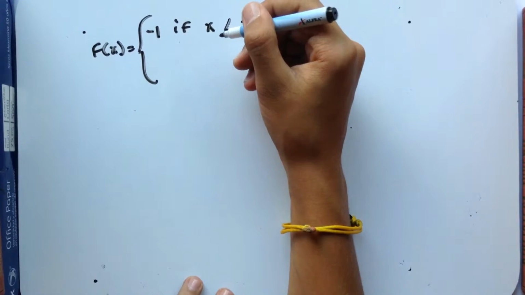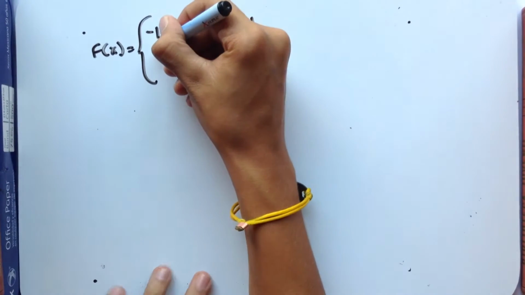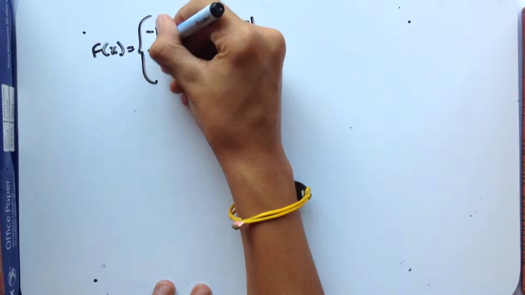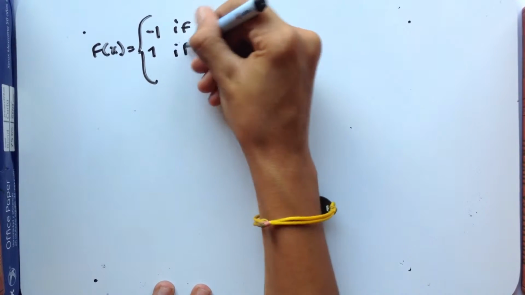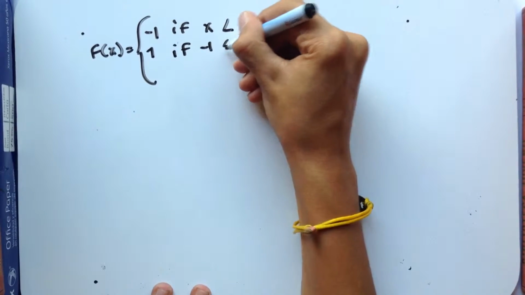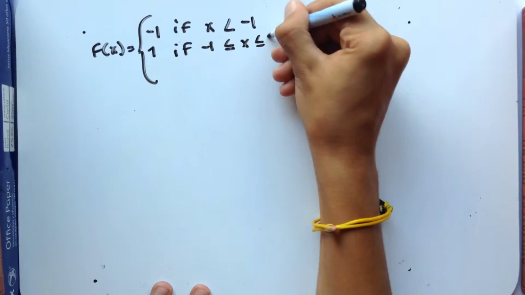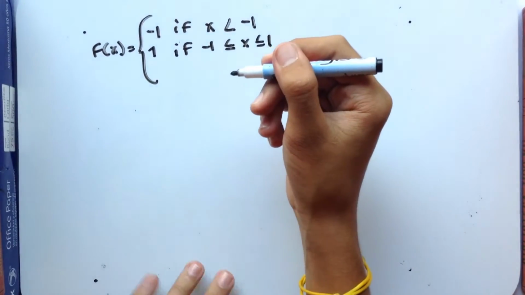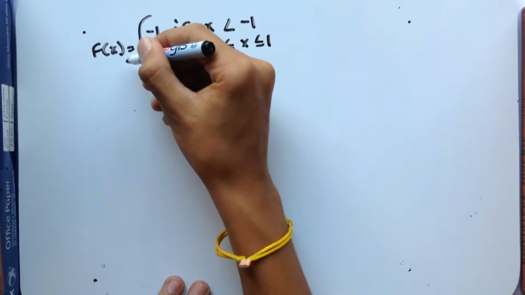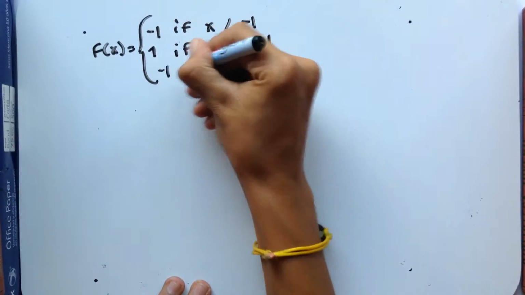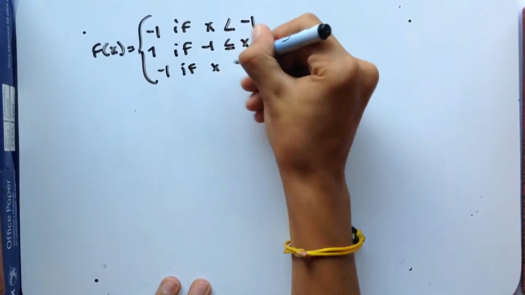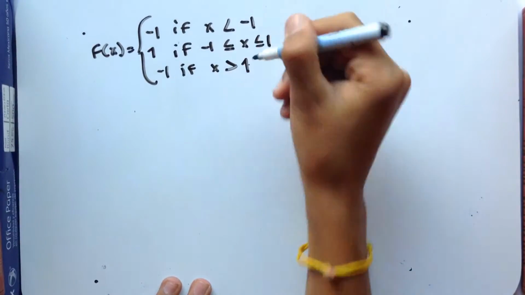Then in the second function we have that y is 1 if minus 1 is less than or equal to x, less than or equal to 1. And the third section is f of x is equal to minus 1 if x is greater than 1.